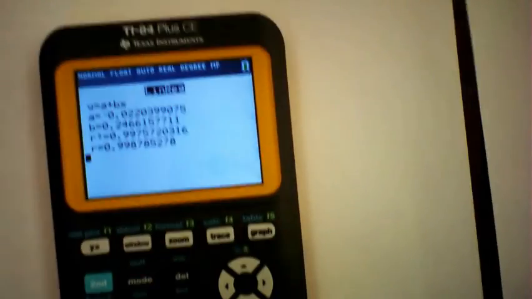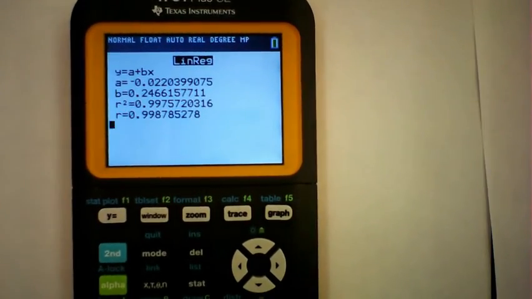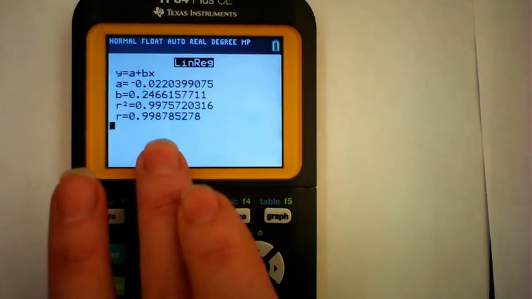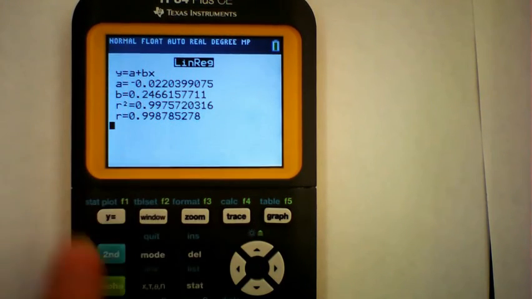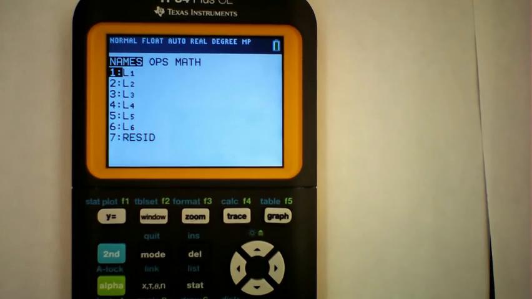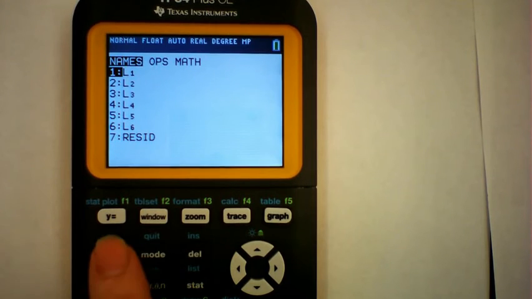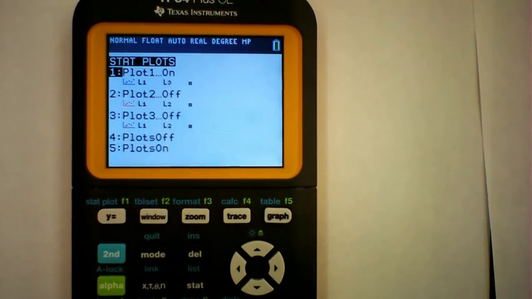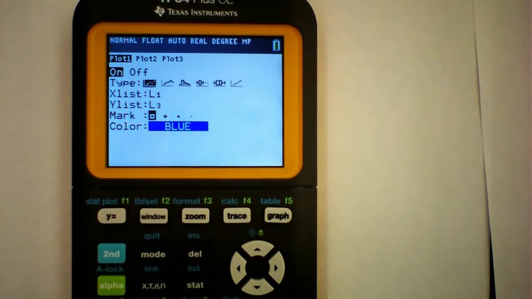Okay, so back to my calculator, and when I generated this equation, if you look down here in the list, it actually generates the residual list. So if I want to go into stat plot and just look at those lists, think about what you need to graph.